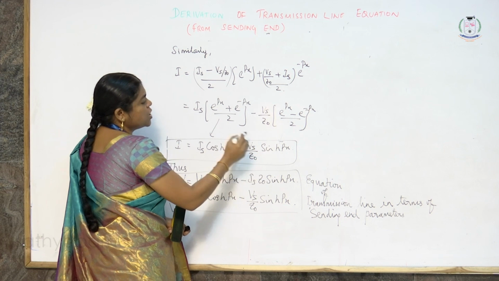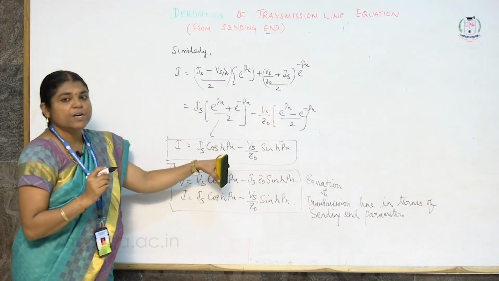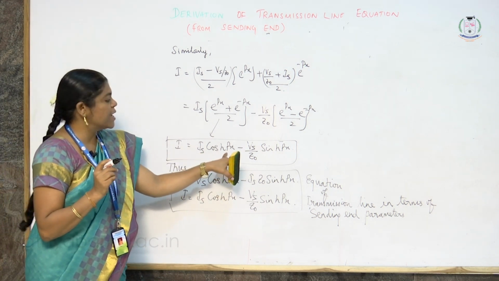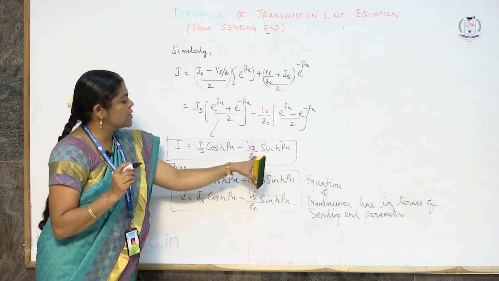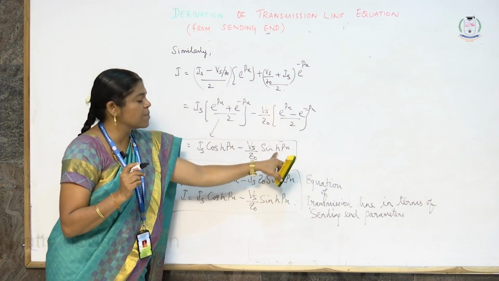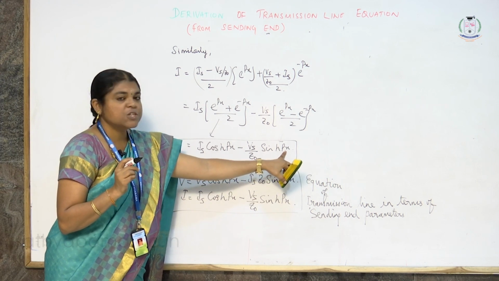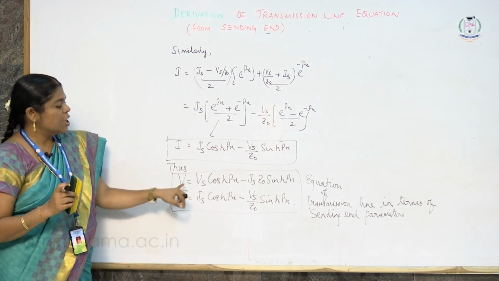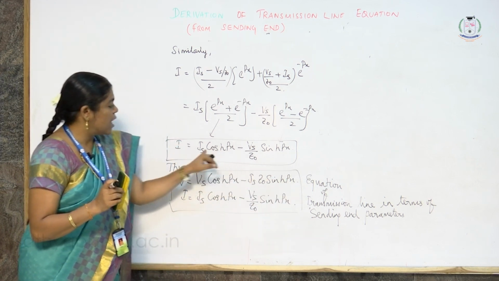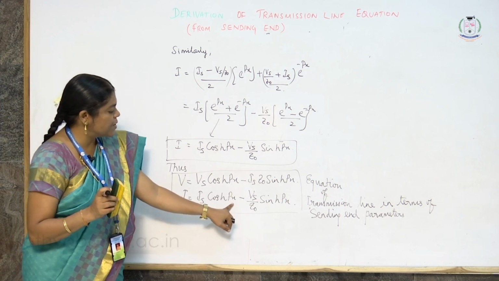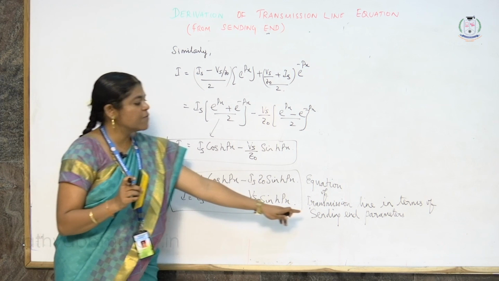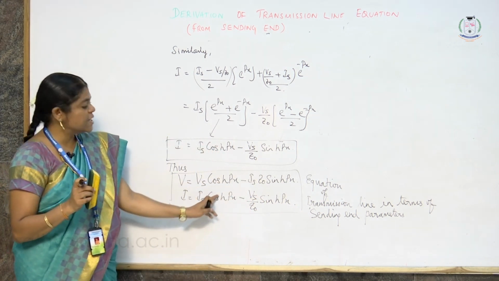This exponential term is nothing but the hyperbolic trigonometric function, that is, I equal to Is cos h px minus Vs by z naught sin h px. Thus, V equal to Vs cos h px minus Is z naught sin h px and I equal to Is cos h px minus Vs by z naught sin h px are the equations of the transmission line in terms of sending end parameters.